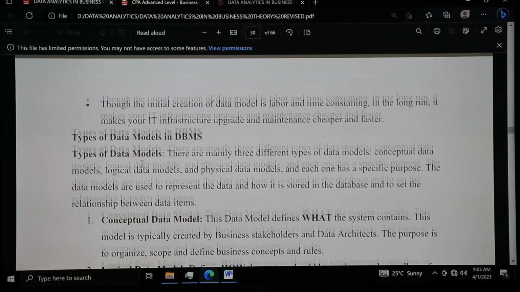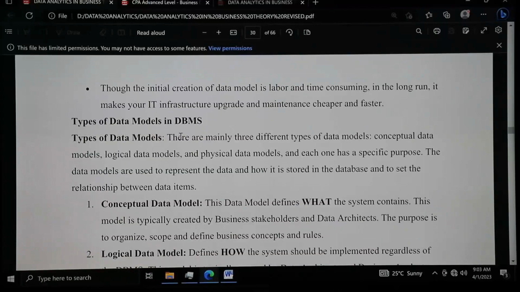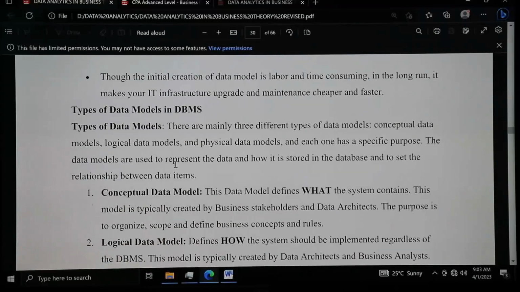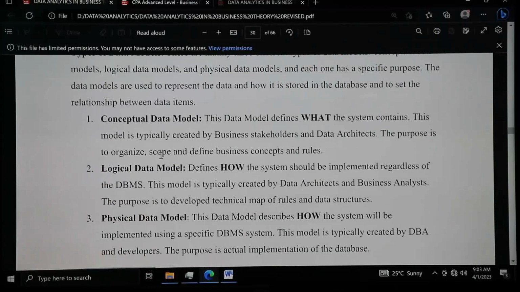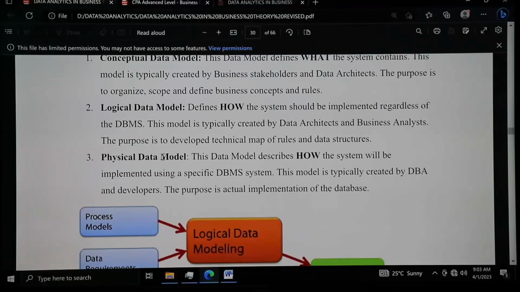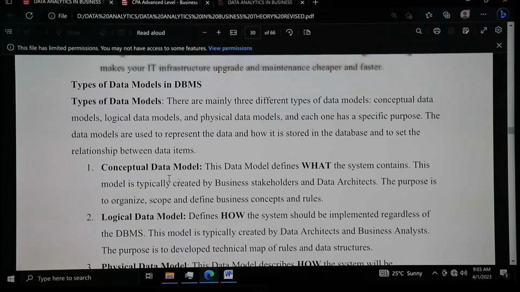And you do this using data modeling. And we said we have types of data models in a database, and we have explained three: the conceptual model, the logical model, and the physical model. In simple language, the conceptual model defines what the system contains, that is, the entities that the system should have.